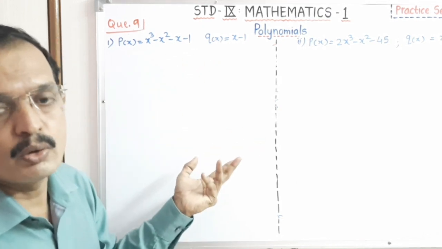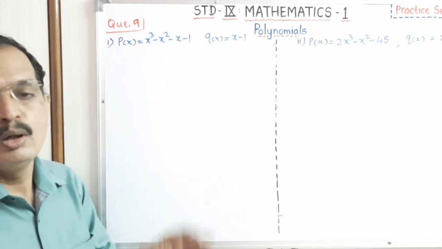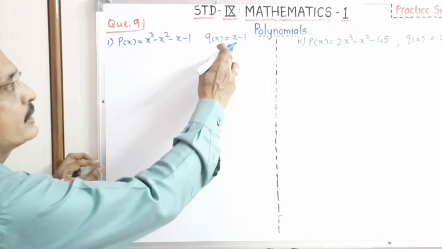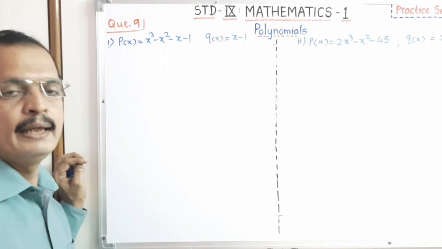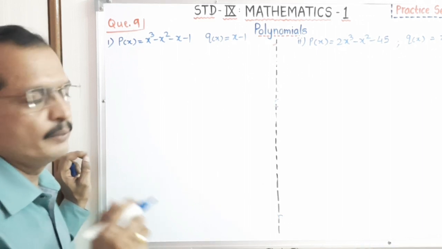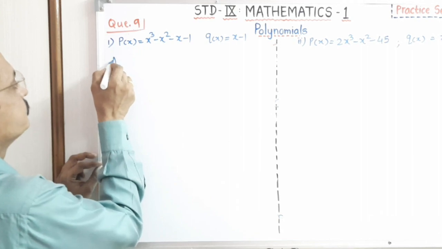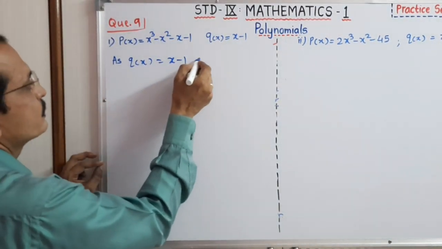And to find out the remainder, what we have to do? We have to find out the value of this polynomial for x minus 1. Therefore, we have to find out the value of the polynomial for x is equal to 1. Therefore, we can write here q(x) is equal to x minus 1.